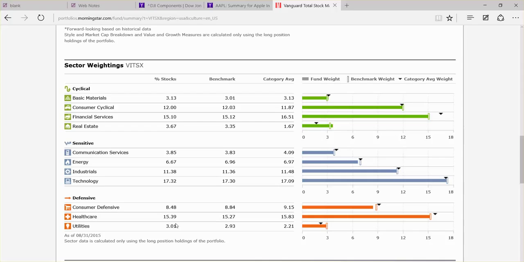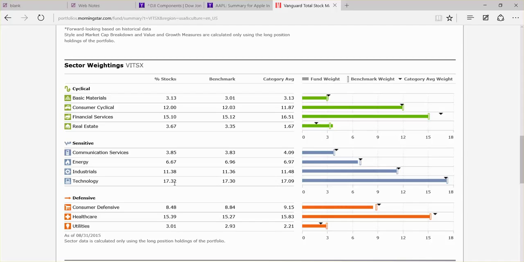The utility sector has the smallest percentage. Only 3.01% of this fund's stocks are in the utility sector. Now you might think that's really low because compared to the technology sector with 17%, there's a big difference. However, I do want to point out that the utility sector is the smallest sector of the US stock market.